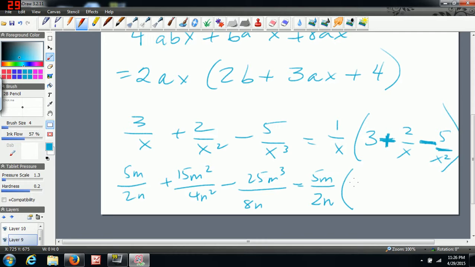When you do that, you'd be left with 1 plus 3m over 2n minus 5m squared over 4. Okay, 5m squared over 4, yeah, so that would be the biggest thing we could factor out from there. And that would be it for that one.